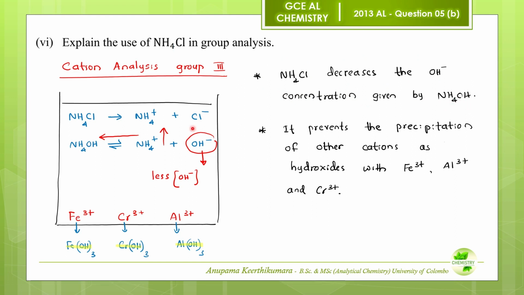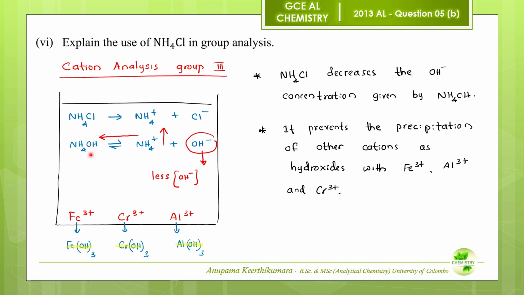If you want, you can further explain. This ammonium ion acts as a common ion. Therefore, according to the Le Chatelier principle, this reaction goes towards the left. That decreases the OH minus ion concentration given by ammonium hydroxide.